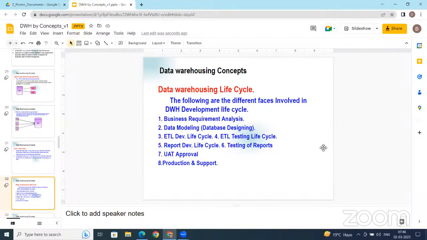So once the business requirements are clear, the next step is that architects and senior tech leads will focus on building the data models. Okay, so once the data models are built, then the development starts. ETL job sequences development will start.